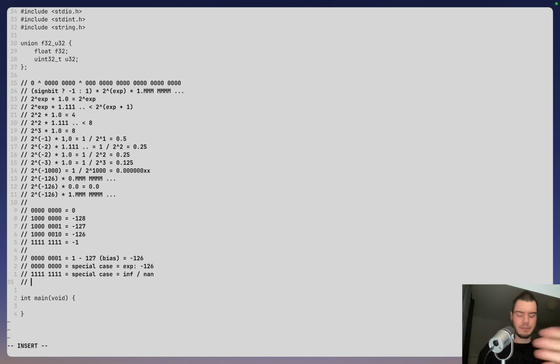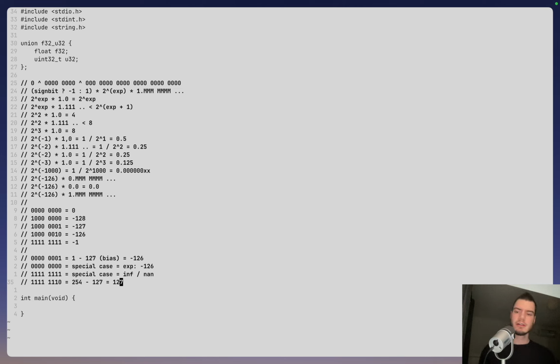And there's a whole world of things around that, because you can enable fast math modes that have special handling of this. But for now, let's just say it's a special case, and that's good enough for now. So the second highest value is 254 minus our bias of 127. And that's the value 127.